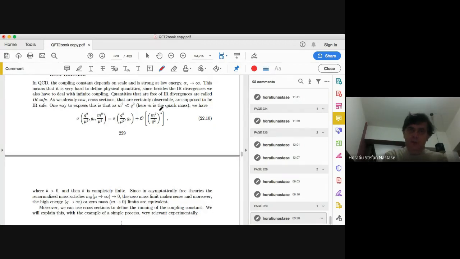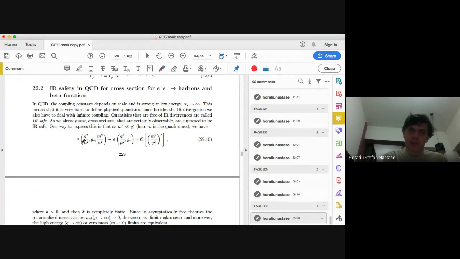So one way to describe this infrared safety of the cross section is to say that the cross section depends on the coupling. In dimensional regularization, or in any kind of regularization, we would introduce a mass scale mu.